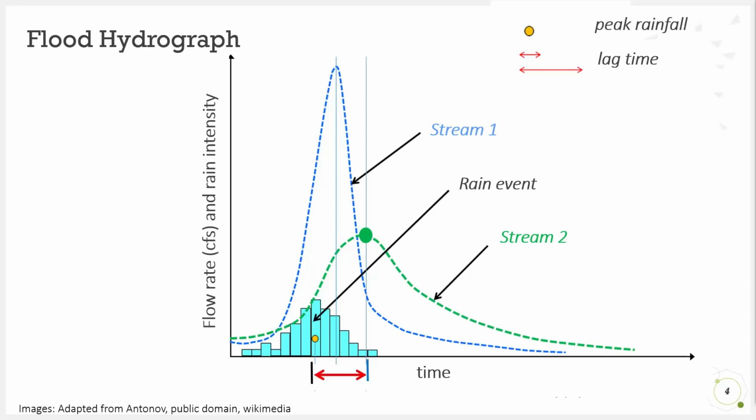Stream 2 was also slower to drain, and water was stored in the catchment for a longer period of time. These two different responses, these two different hydrographs, have different names for their shapes: flashy and subdued. And there are a lot of different reasons that these streams might experience the same intensity of rain, but exhibit two very different behaviors.